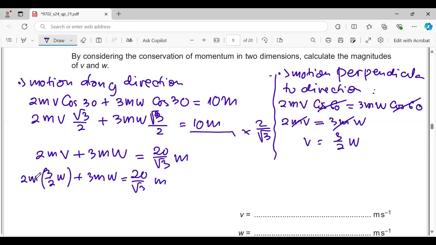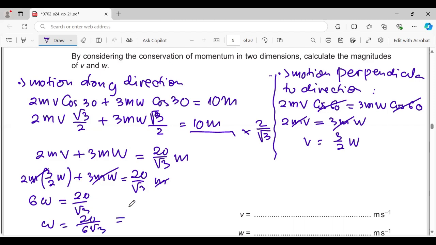Okay, so the m cancels, and then it's going to be 6, because 2 divided by 2 equals 1, 3 plus 3 equals 6. 6w equals 20 over square root 3, and w equals 20 over 6 square root 3.